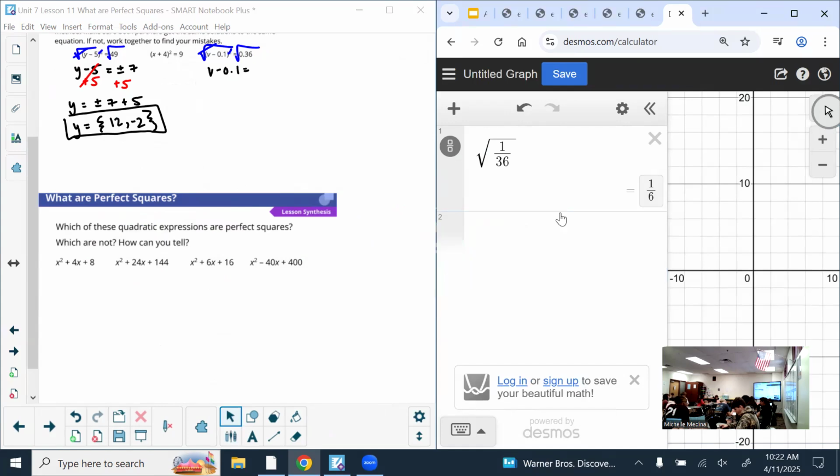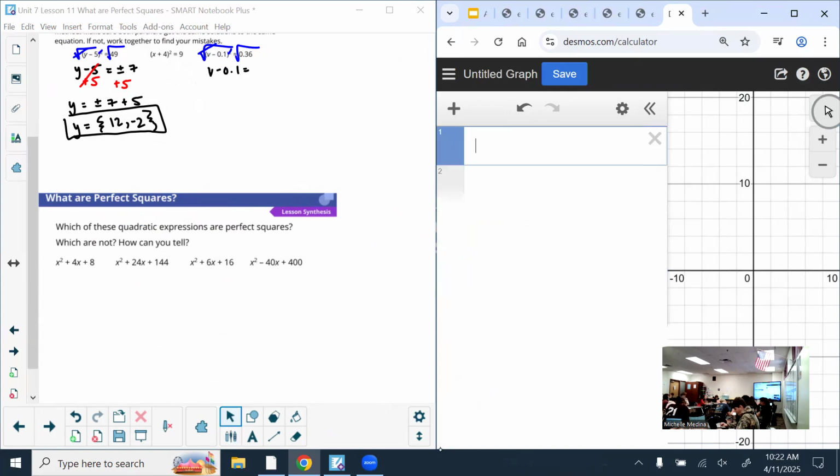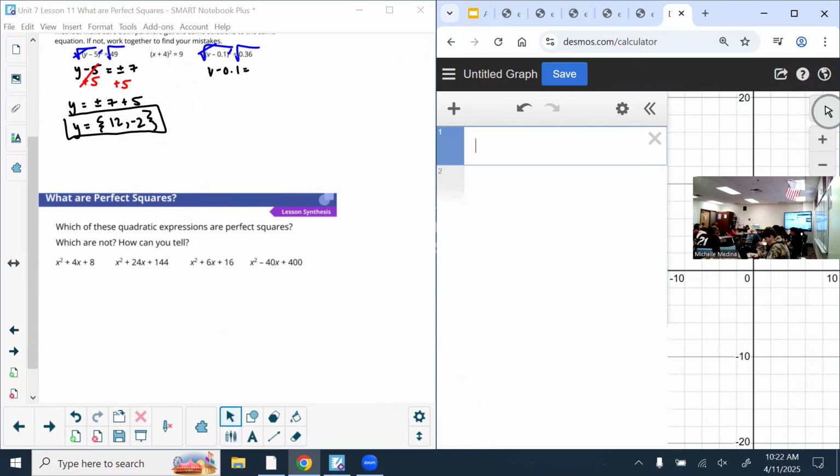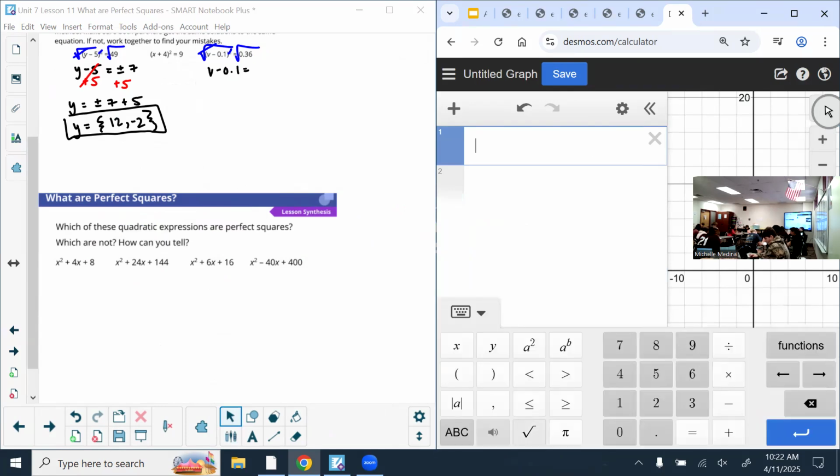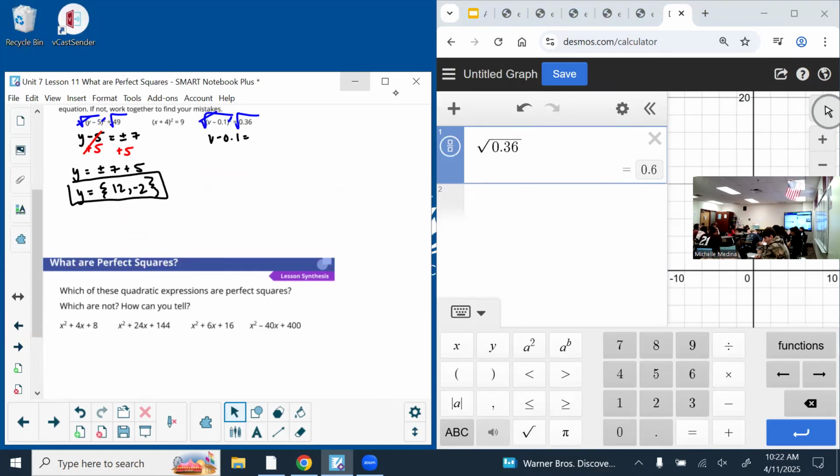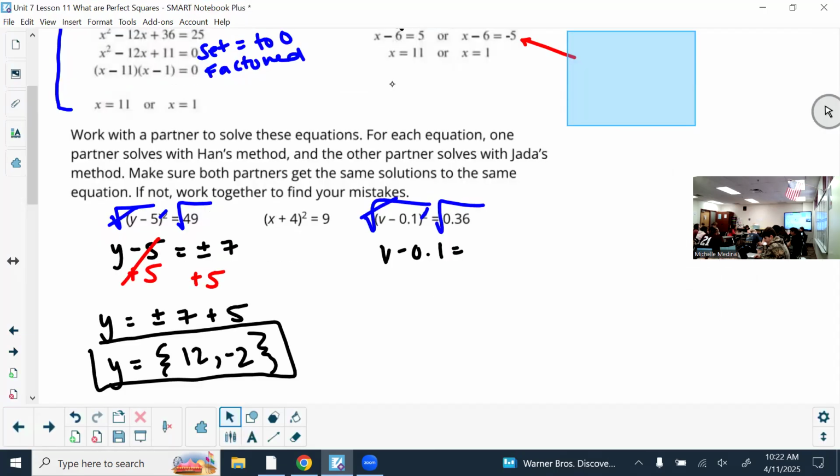Even I tried doing it in my head earlier and I was thinking it should be 0.06. But actually the square root of 0.36 is 0.6. Okay, so 0.6 is my square root. And because we usually have two answers, you need to remember to put the plus or minus 0.6.